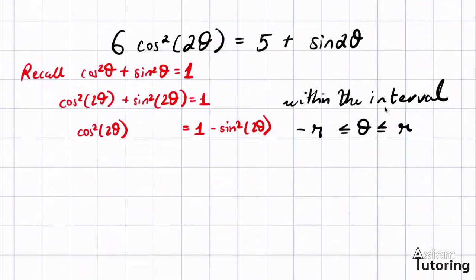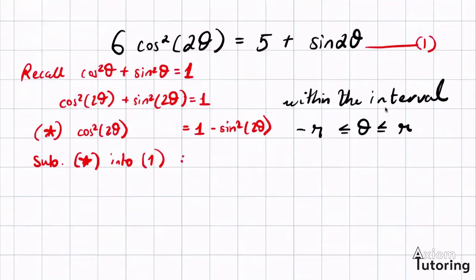And now what I can do is substitute in this rearranged expression for cos squared 2 theta into my original equation. So substituting into 1. And so what will that give?